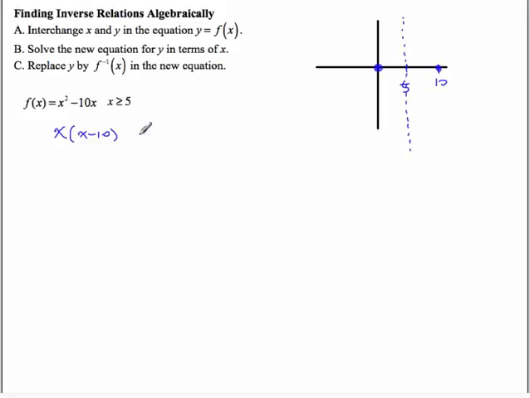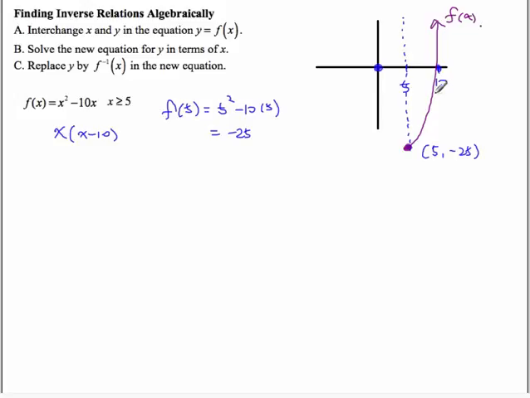The vertex is going to happen when x is 5, so I can substitute 5 in there. What is f of 5? 5 squared minus 10 times 5 is negative 25. So somewhere around there, (5, -25) is my vertex. And I'm only interested in the side at 5 and to the right of it. So that's my function f of x.